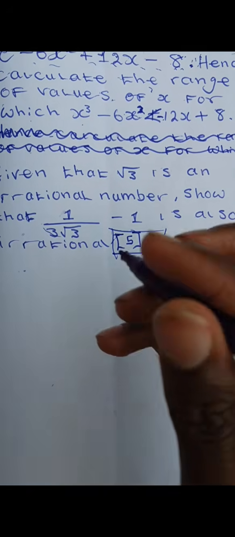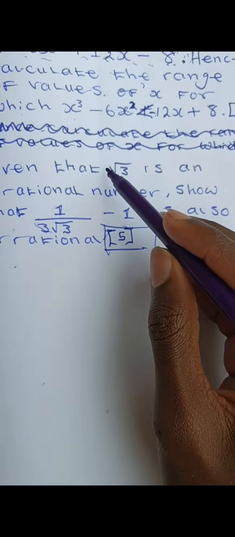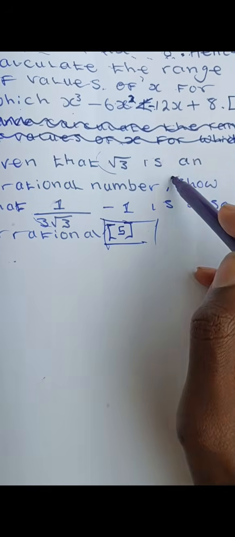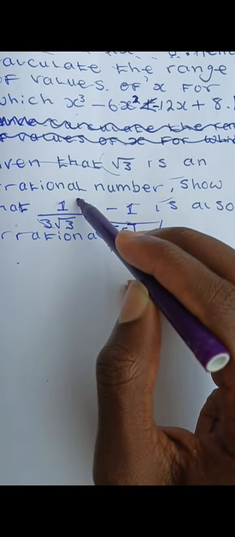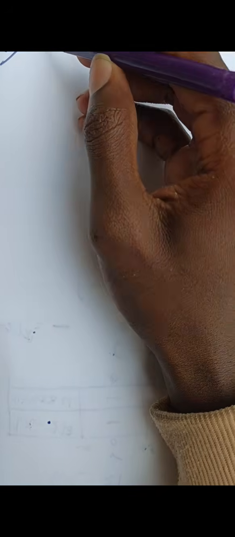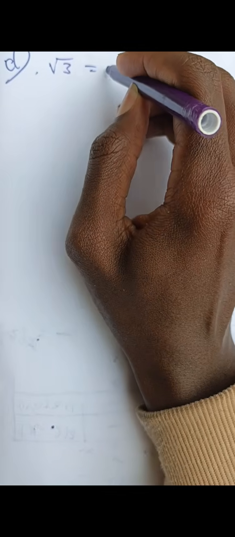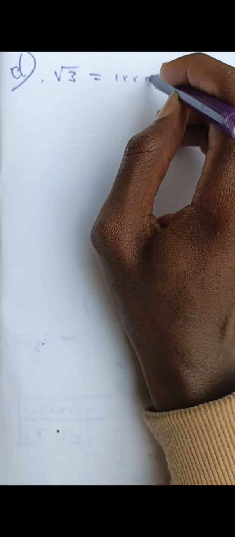So this question is tricky. I'm going to explain to you. Take note of this part and also this part, because they are interlinked. When I read the question again, they're saying, given that square root of 3 is irrational. By them saying this, it means that it is confirmed.